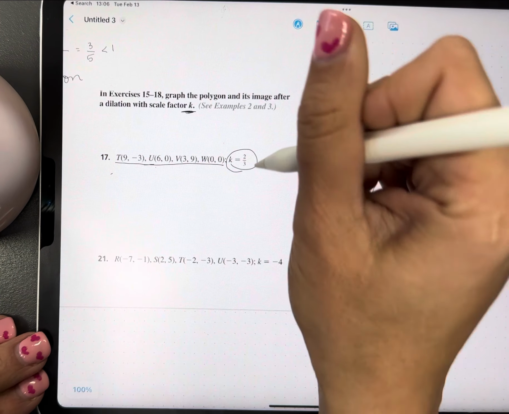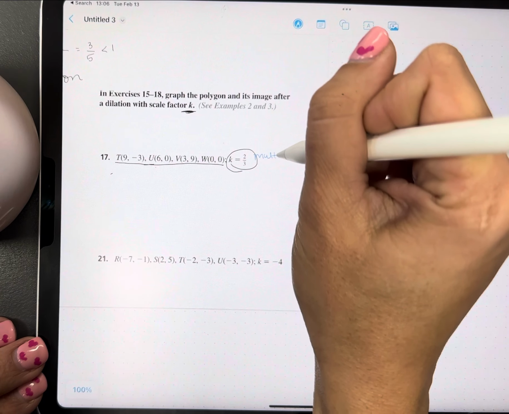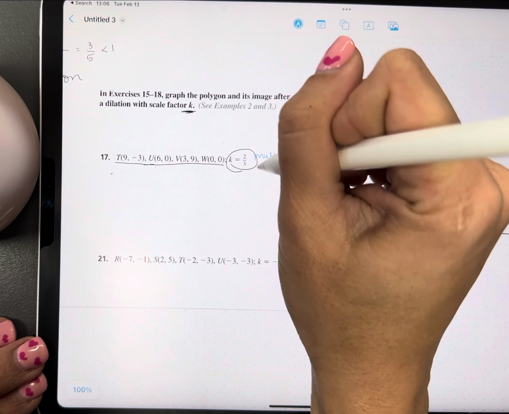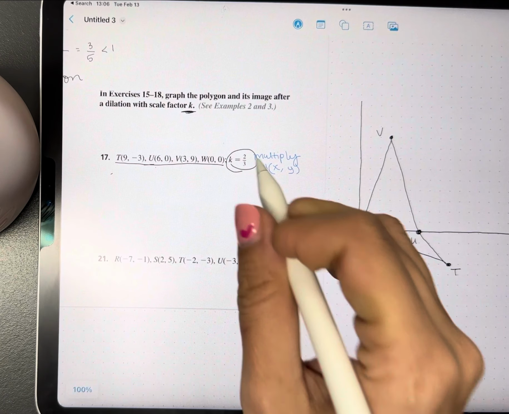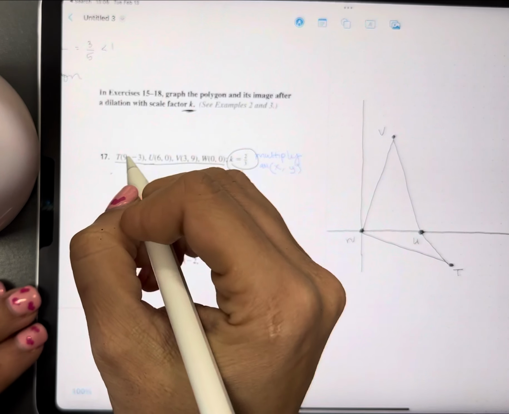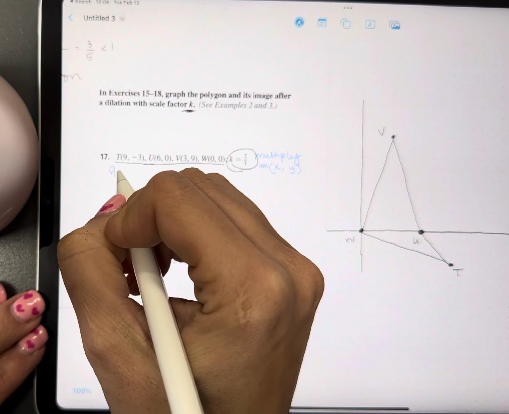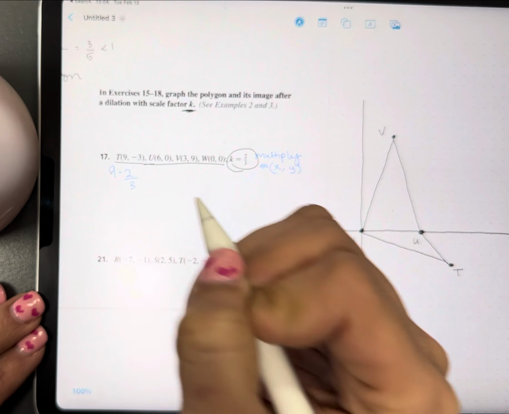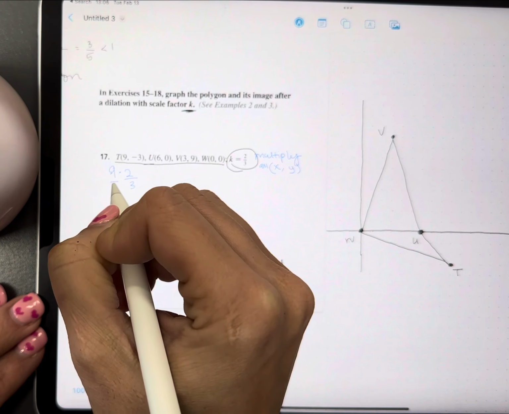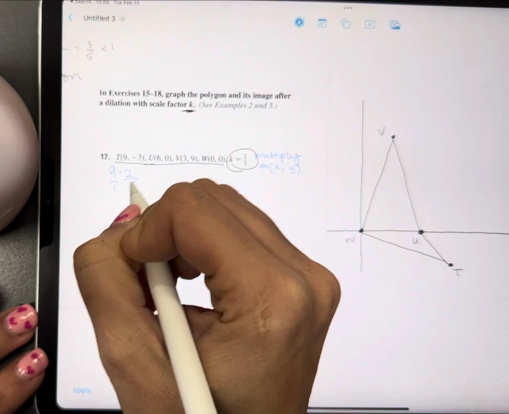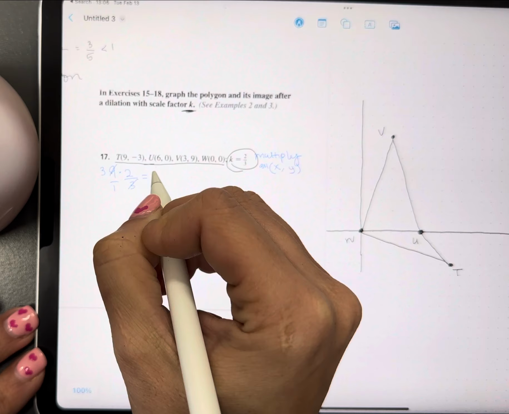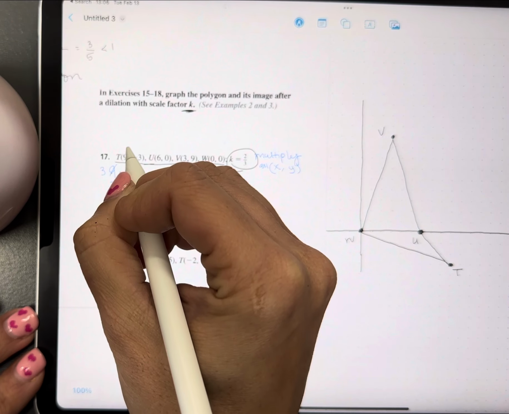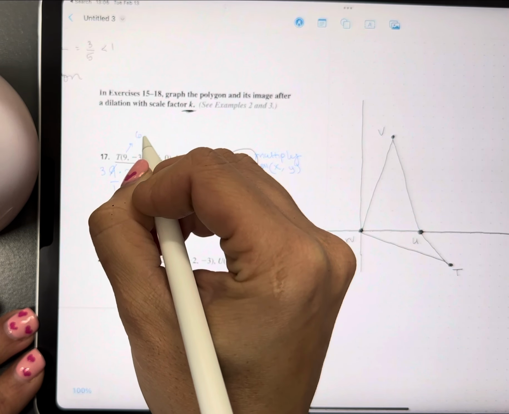which means I literally just multiply all x's and y's by 2/3. So for example, 9 times 2 over 3, okay? This is like a 9 over 1. You could use your calculator too, but 3 goes into 9 3 times, and then 3 times 2 is 6. So this 9 becomes a 6.